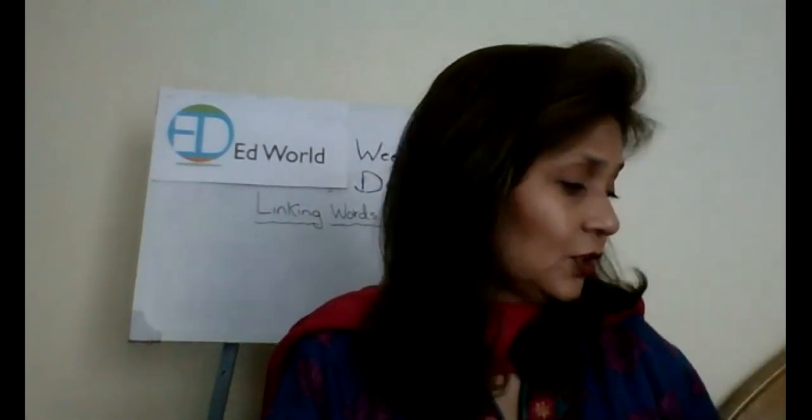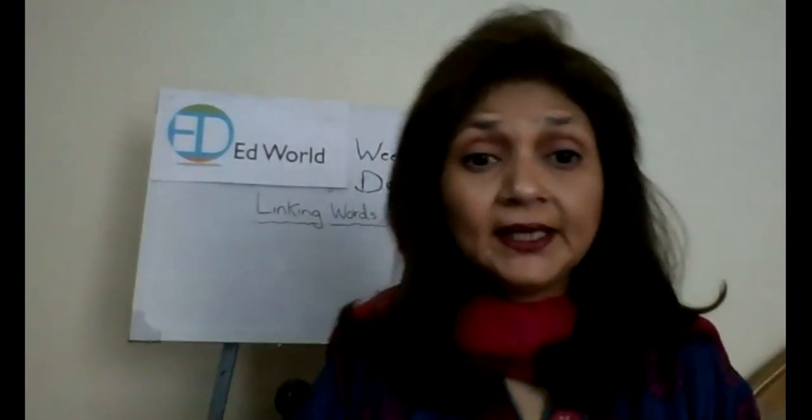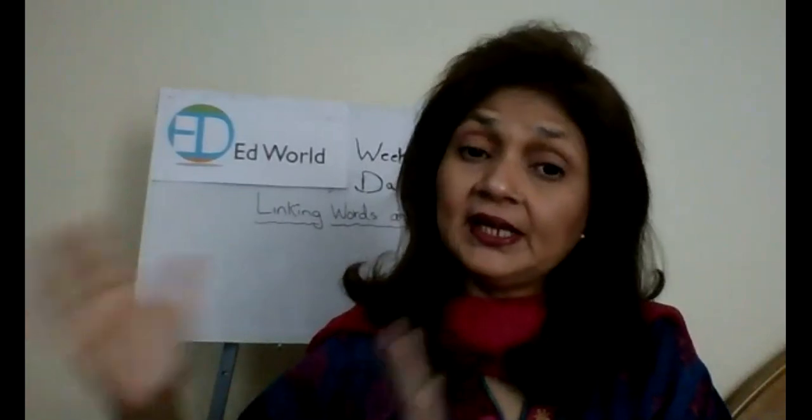Remember we have done. There are some words that you use while you are writing any recipe or when you are telling stories. Those words are called linking words. They link the sentences in the story and they tell you the sequence, the proper order of the events, how the events happened. Do you understand?